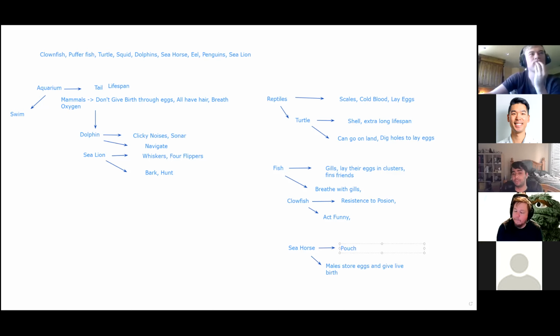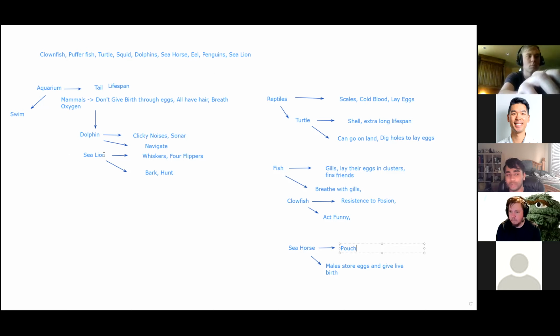Also, Jack, when you're thinking about those patterns and stuff, don't get too wrapped up in that. Just look at it in the context of these 9 animals. It's okay if a seahorse has it and a sea lion has it, but if no one else in this entire list has it, then we can't put it at the top, right?